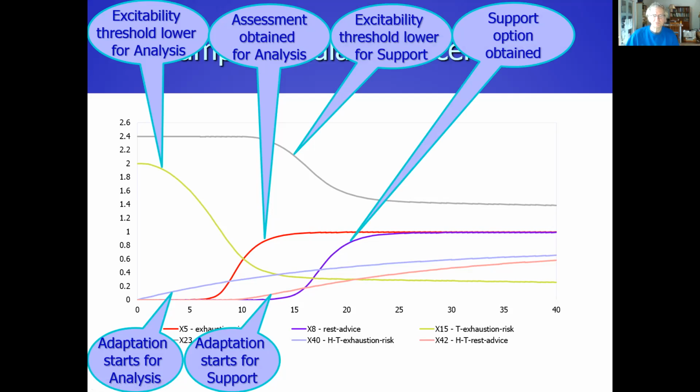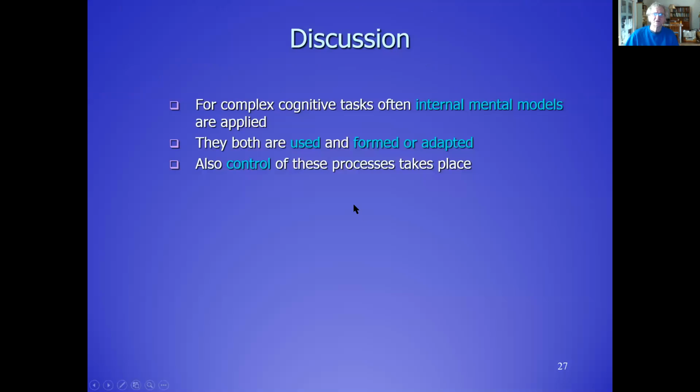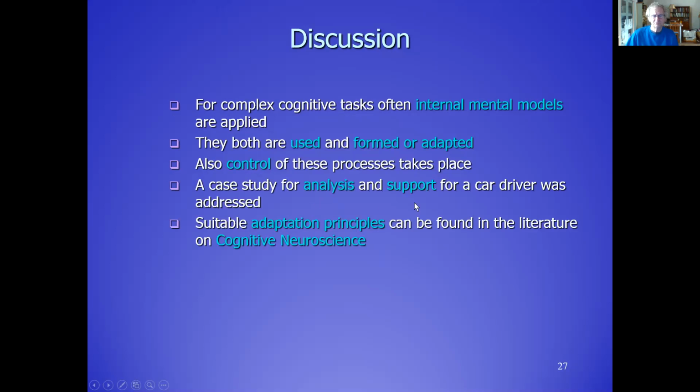I think this is the main thing that I want to discuss. So what we did is, for complex cognitive tasks that often involve internal mental models, we have found a network architecture at 3 levels. These internal mental models are both used and formed or adapted, and in addition control is applied to those processes. This was applied to a car driver case study where you have analysis and support of how the situation develops with the driver.